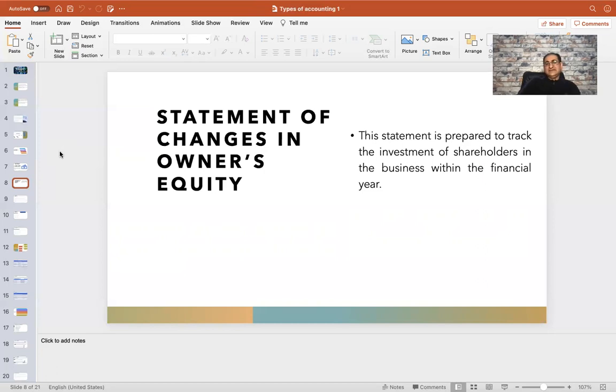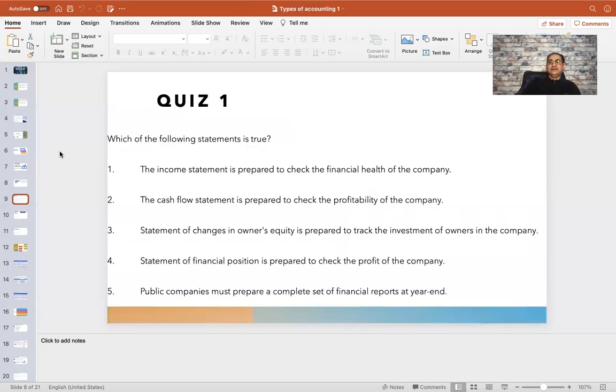Okay, so these are the four financial statements which accountants need to prepare at the end of every year for the public limited company. And remember, it is mandatory. Every organization has to prepare this full set of financial statements.